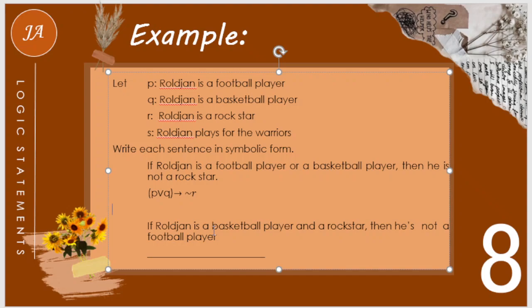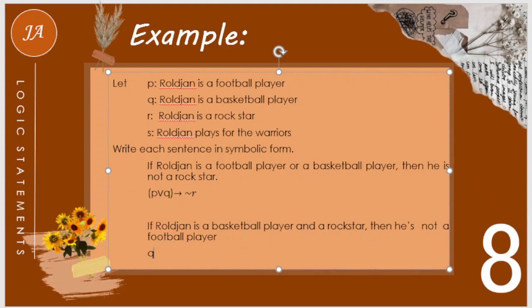rock star, then he is not a football player. So since it starts with F, so F, then followed by then, therefore the connective will be implication. Alright, so we let Roljan is a basketball player as Q. So we have here Q. And a rock star, we have here connective and.